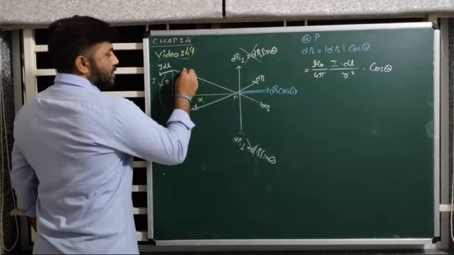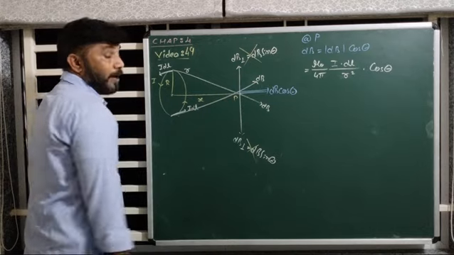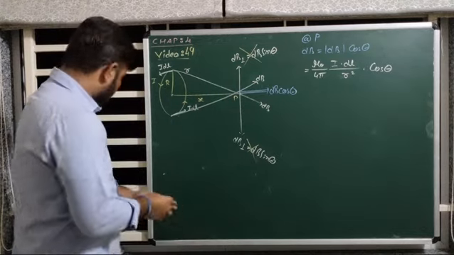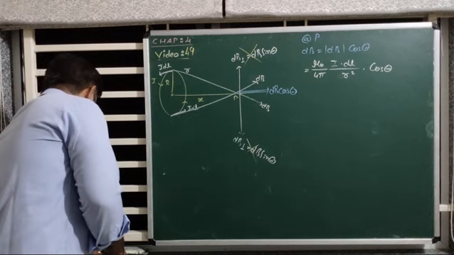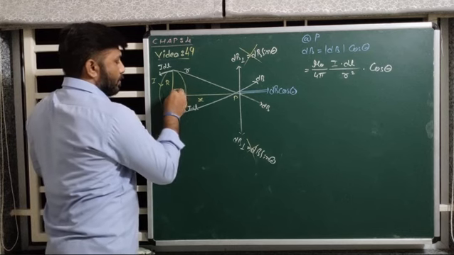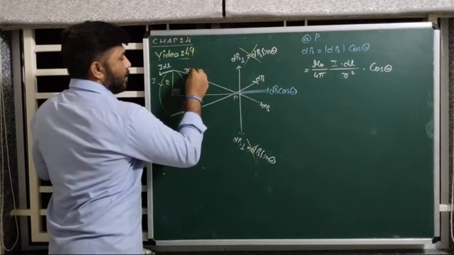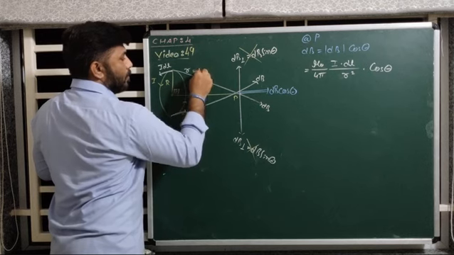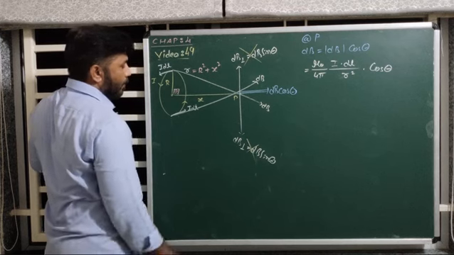It is the distance from the line element to the point P. Here we apply Pythagoras, so it is the hypotenuse side. So r square is equal to R square plus x square.